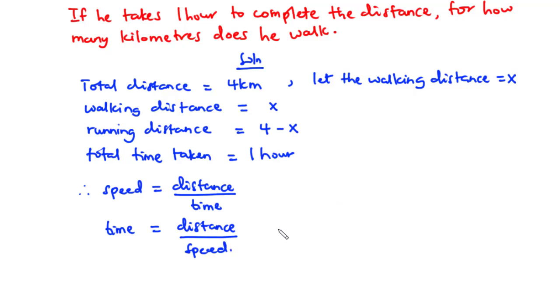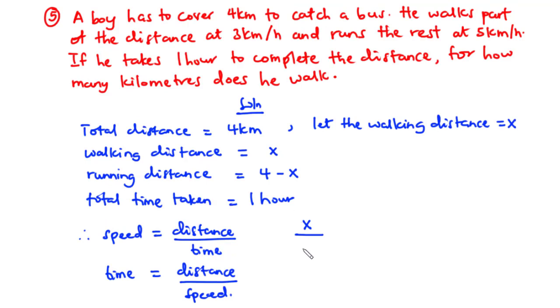So we say that walking distance is x over the walking speed, 3 kilometers per hour. So x divided by 3 plus the running distance, 4 minus x, over 5 kilometers per hour. And this will be equal to 1.